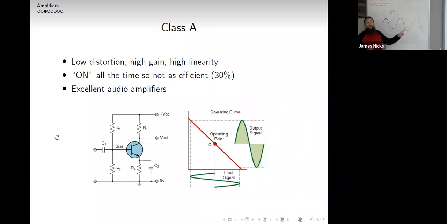What they're not good for is something like a power amplifier, where you're wanting to amplify not just a voltage signal, but a voltage and current. These are not as good for power amplifiers because they are on the whole time. What do I mean by it's on the entire time?